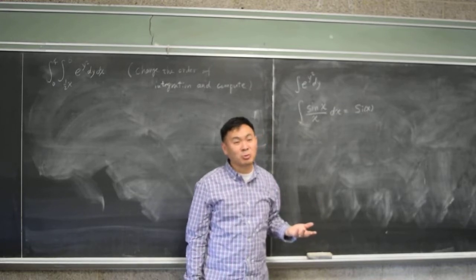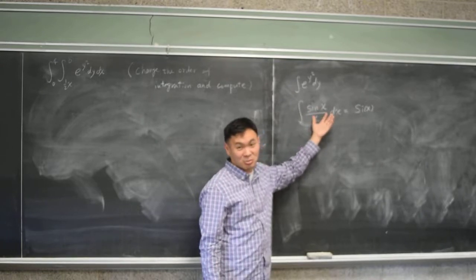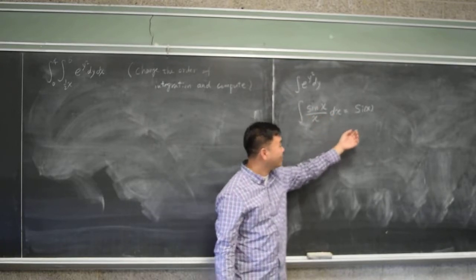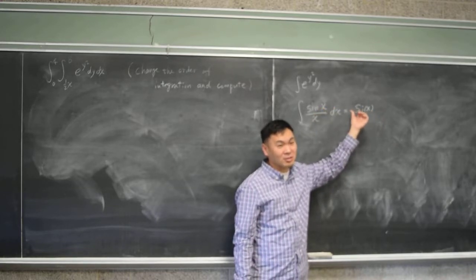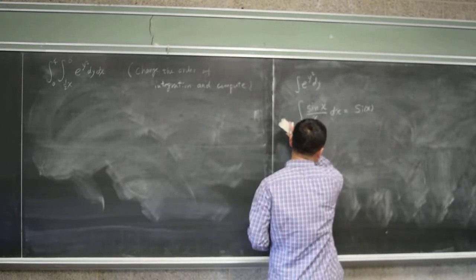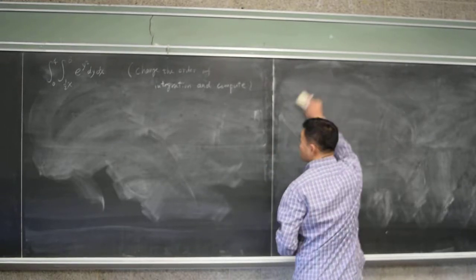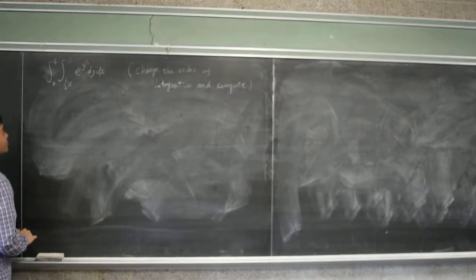So what choice do they have? Rather than writing this integral with everything so complicated, they just said, okay, we're just going to define a new function, which is the antiderivative of this. And there are zillions of functions where the antiderivative cannot be represented by the basic functions that we know. Okay, and this is one example.